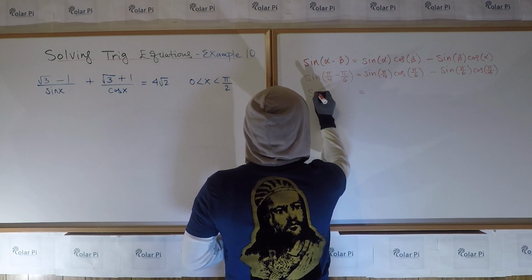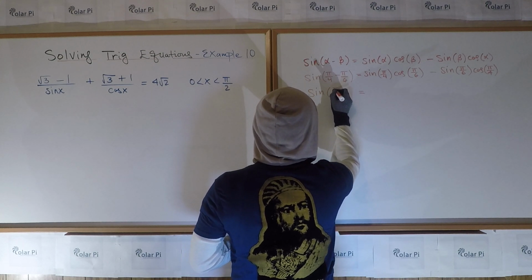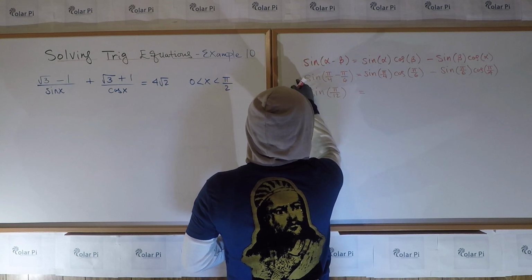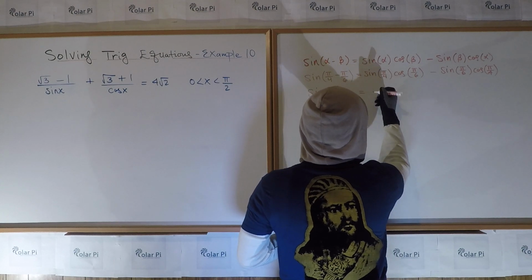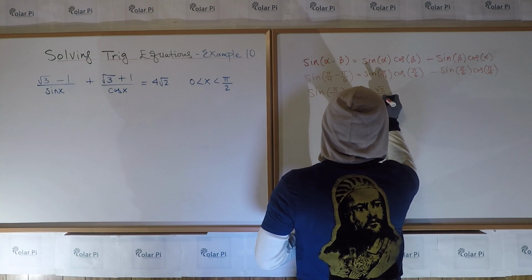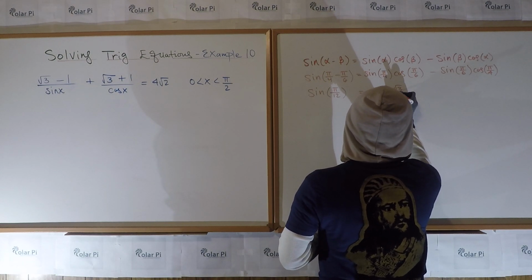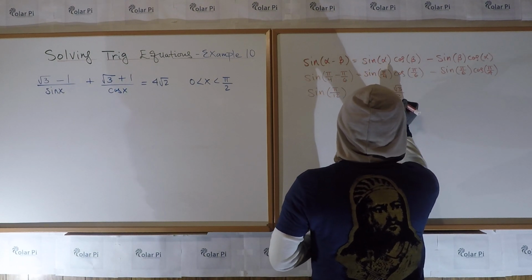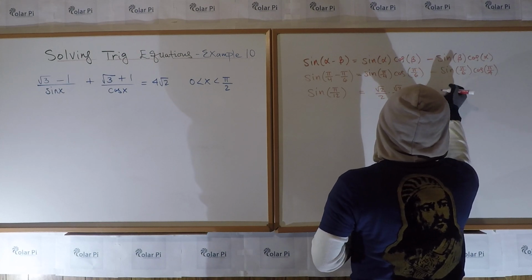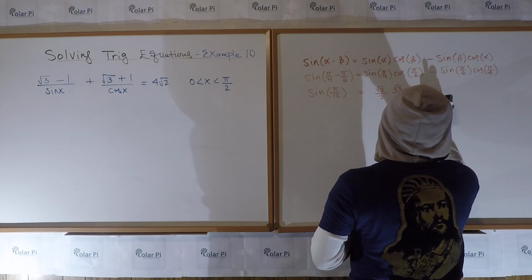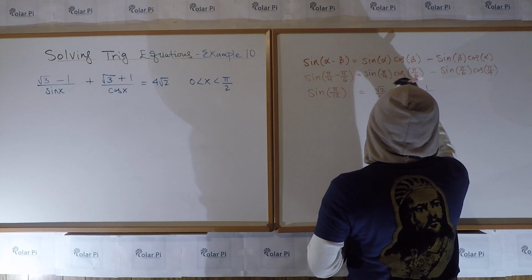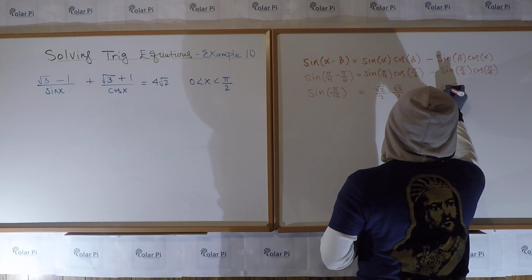So here I can say that sine of pi over 12 is equal to, what's sine of pi over 4? Root 2 over 2. Cosine of pi over 6, that's root 3 over 2. And then minus sine of pi over 6, which is 1/2, times cosine of pi over 4, which, just like sine of pi over 4, is root 2 over 2.